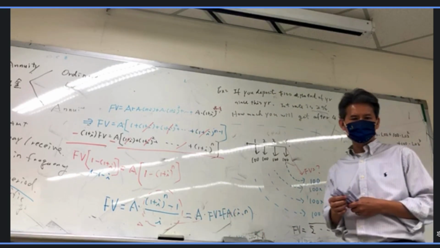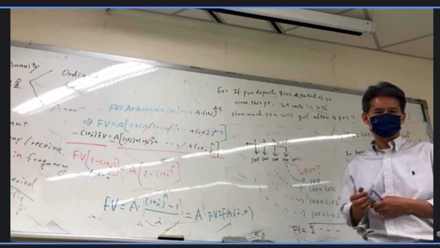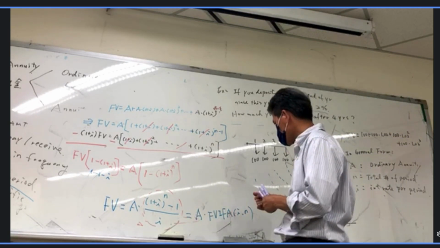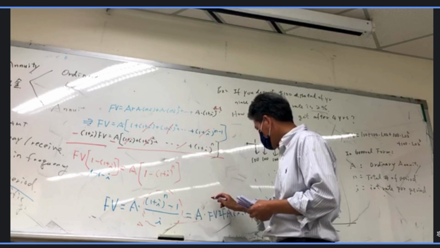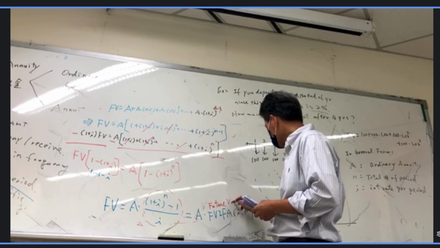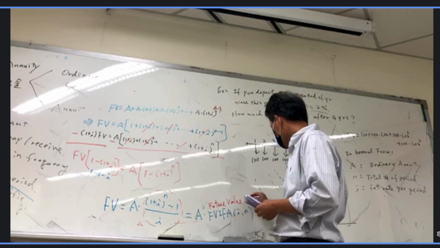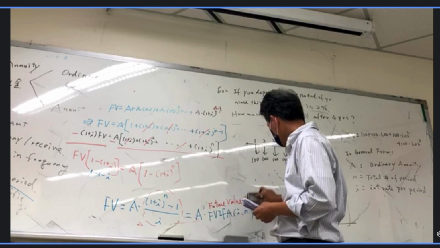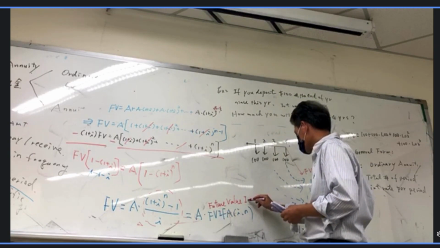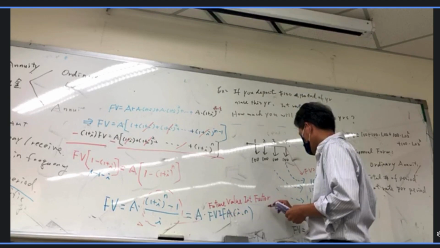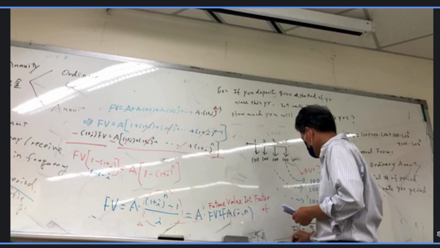Of course, you can Google it for this annuity, how much this is. The full name is future value interest factor of annuity.